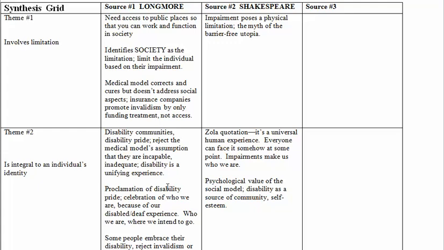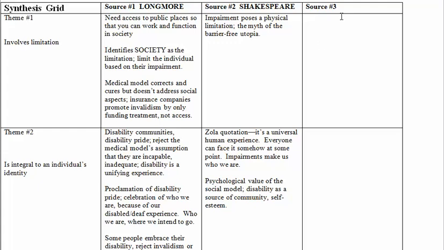In Shakespeare, I looked at the Zola quotation where it discusses the fact that disability is a universal human experience, that it's really part of everybody's identity, and our impairments make us who we are. And I also looked at the psychological value of the social model. He talks about the fact that disability is a source of community and self-esteem.